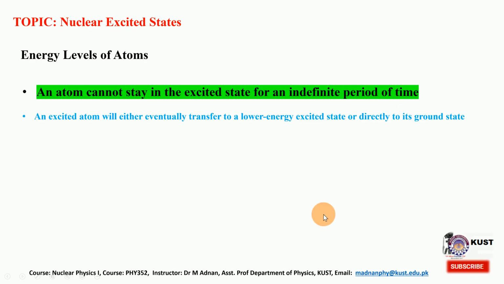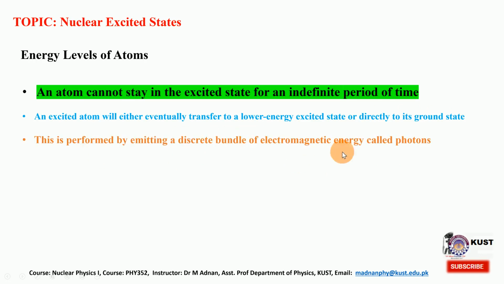As you have done in the atomic physics course, the various atomic transitions give rise to electromagnetic energies. That is, when electrons inside an atom make transitions between these orbits, they eventually go towards the ground state or the lowest energy state.